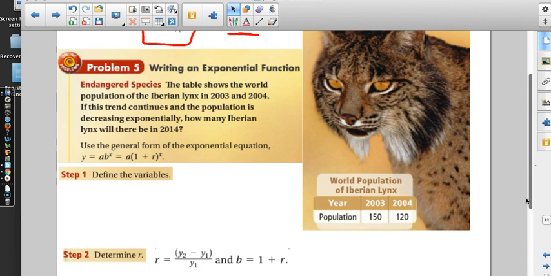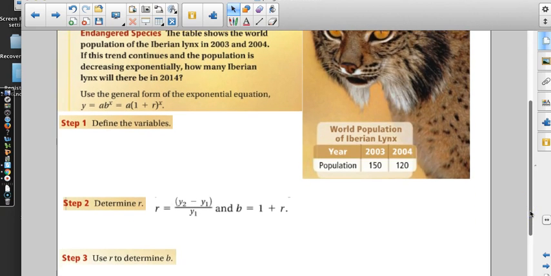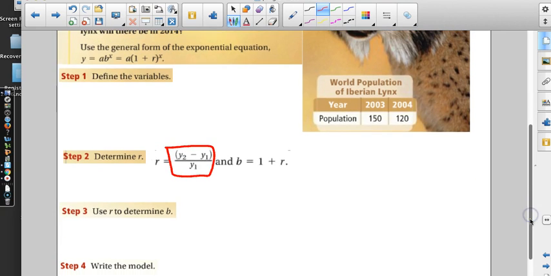If this trend continues and the population is decreasing, and it is exponentially, how many Iberian lynx will there be in 2014? So we want to use our little formula, a times 1 plus r to the x, and figure out what's going on. The first thing we'll do is figure out what that rate of change is. What happened was it was 150 and it went down to 120.